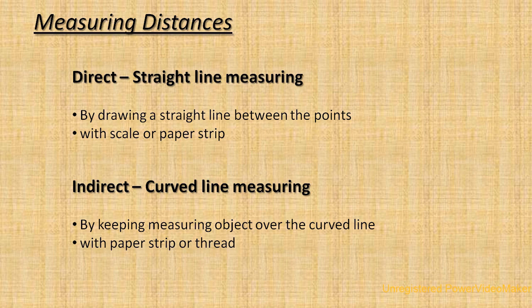In the second type, that is indirect or curved line measuring, we can use a paper strip or thread as a measuring object. By keeping the measuring object over the curved line, we will get the distance between the two places. Let's look at an example of how we are going to find the distance between two places in both ways.